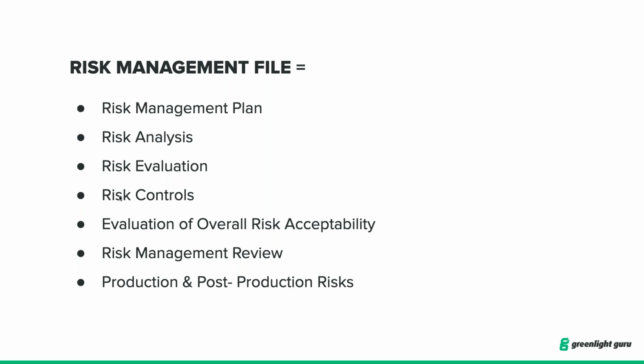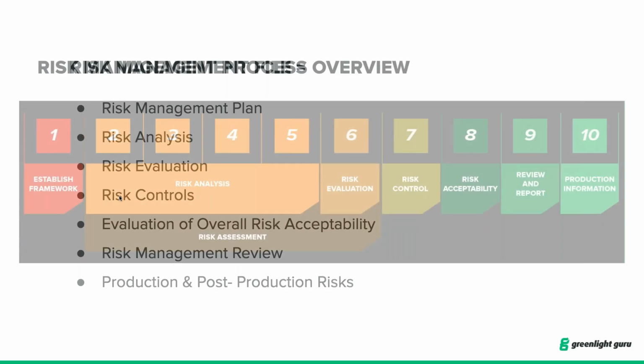We may need to mitigate those risks. We need to assess the overall risk acceptability. We need to weigh the benefits versus the risk of our product. We need to have some review of that, and then that closed loop traceability or that feedback, those production and post-production risks. We need to have a mechanism to handle that.